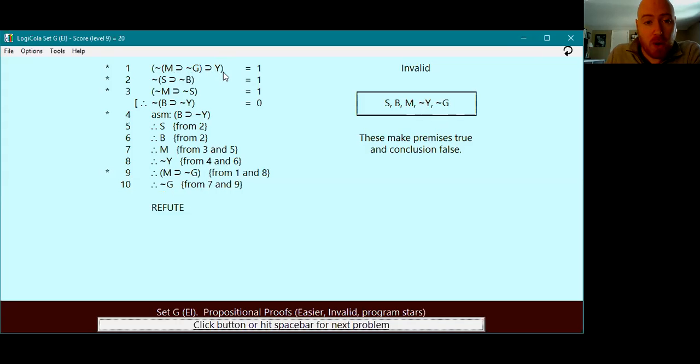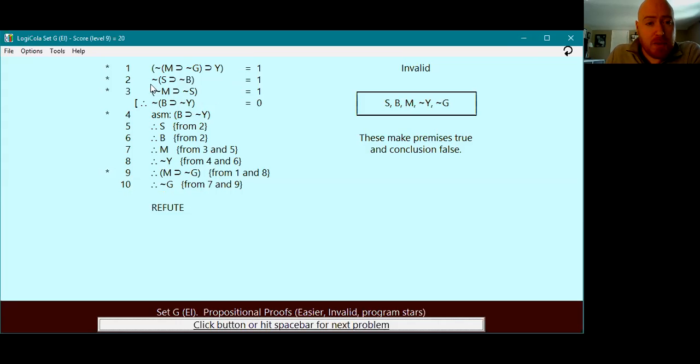Since Y is false, the only way for this horseshoe to be true would be for the antecedent to be false. Okay, so here I have that M is true on line 7, and I've got that not G is true on line 10, okay? But that makes this horseshoe right here true. So this is a true horseshoe, since M is true and not G is true. So I've got a true horseshoe, and this tilde is negating this horseshoe. So I have if false, then false, which makes this first premise true. Okay, so that checks out.